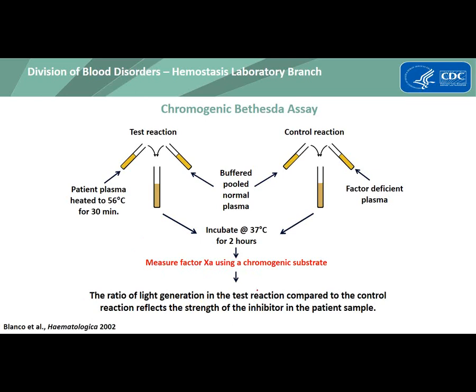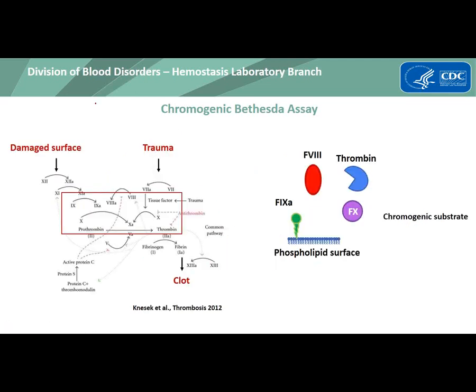And at this point, I wanted to just spend one more slide discussing the Nijmegen-Bethesda assay, because this assay will become important a little bit later when we talk about the factor VIII mimetic emicizumab. And so I wanted to just show this cartoon to describe how this assay works exactly. And it focuses in, like I mentioned earlier, on a narrower portion of the coag cascade.